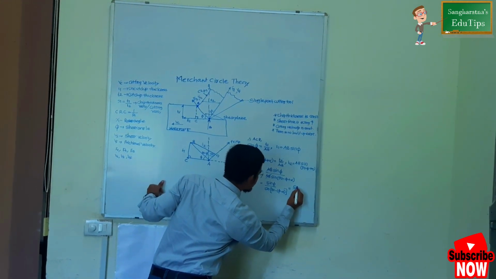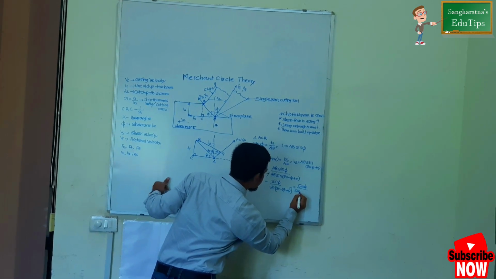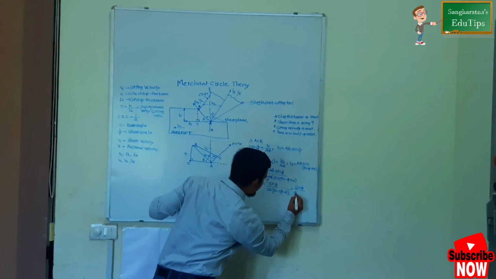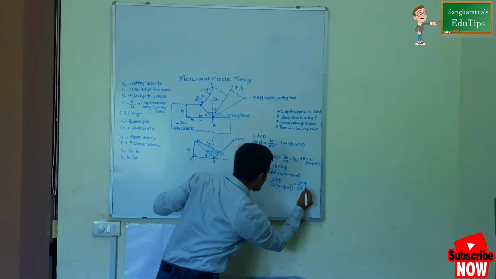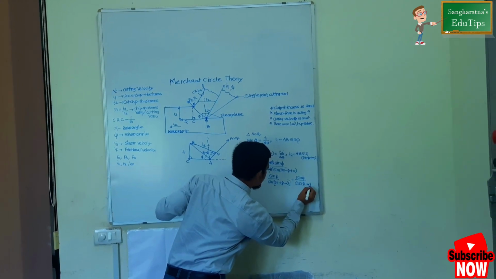Sine of 90 minus theta becomes cos theta, so the denominator becomes cos of phi minus alpha.